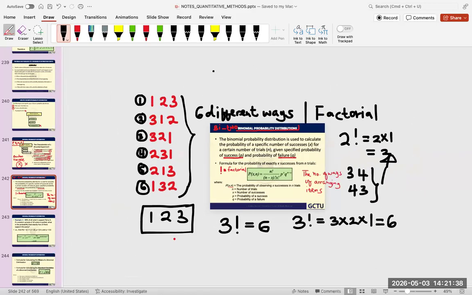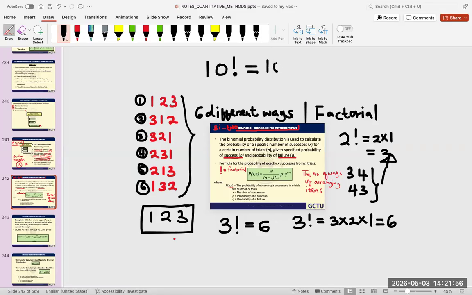So for higher values, if you see me write 10 factorial, it means how many ways can you arrange 10 different items? And the answer your calculator will give you will be as follows.